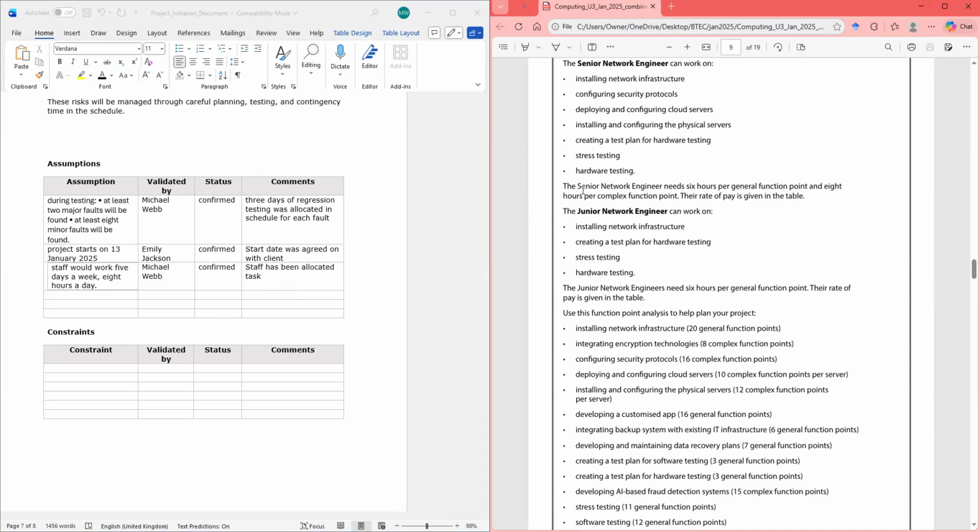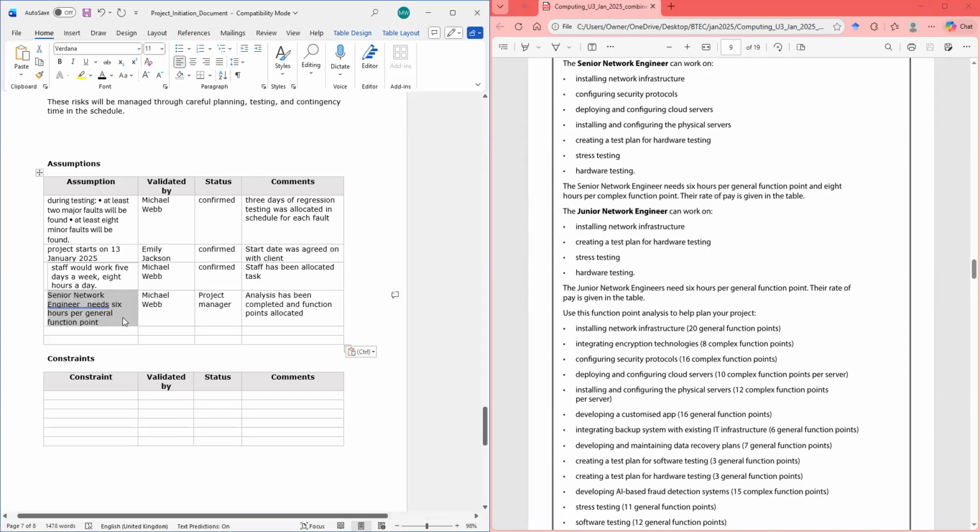Look at that. Senior network engineer needs 6 hours per general functional point and 8 hours per complex functional point. Right? So I would be the one calculating the functional points, right? I would be confirming it. I don't know why I keep putting project manager on that.